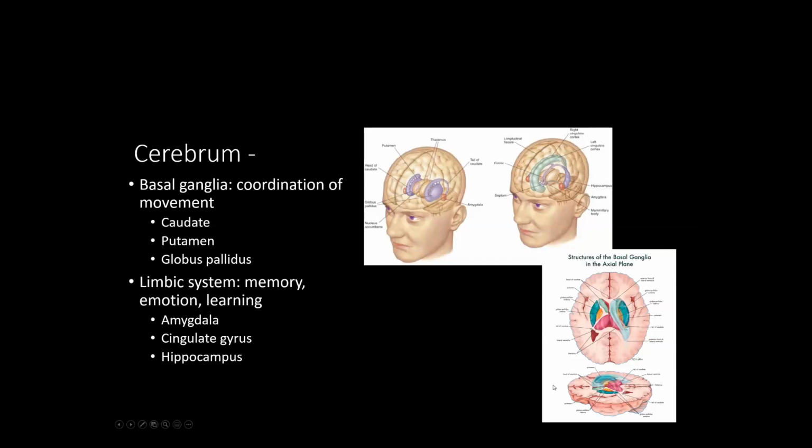The limbic system is a really interesting area that we probably don't deal with very much here, but houses the amygdala, the cingulate, and the hippocampus, so a lot to do with memory and emotions, and lesions here will give you sort of your dementia type syndromes.